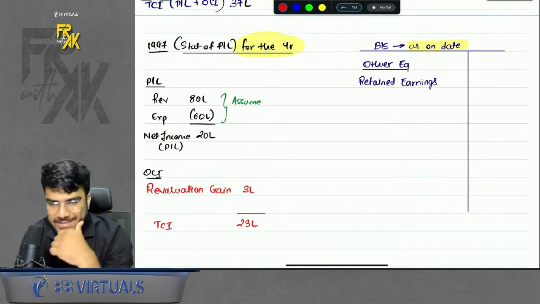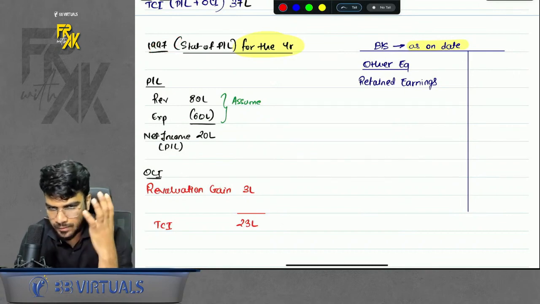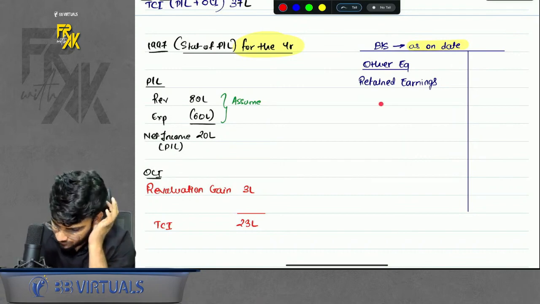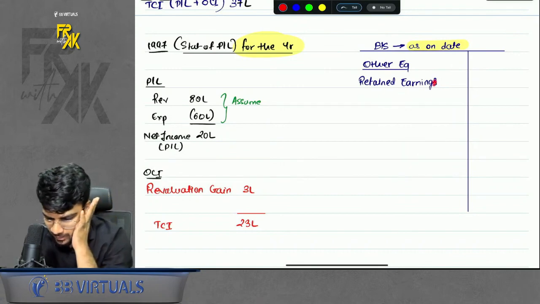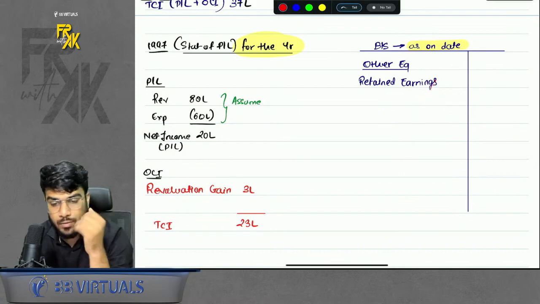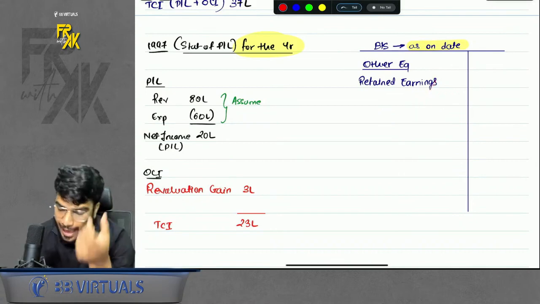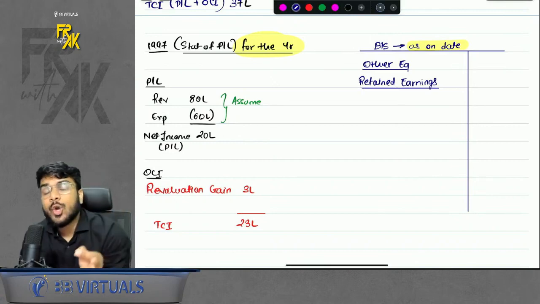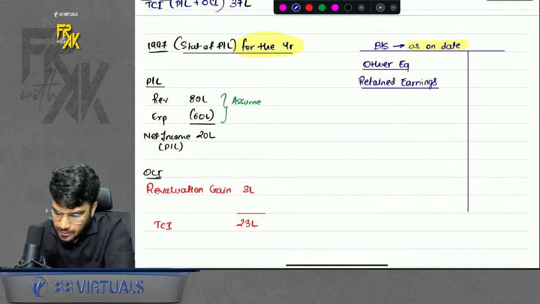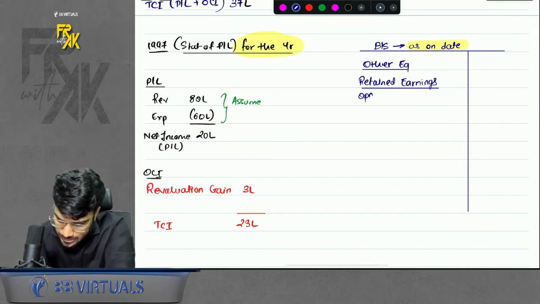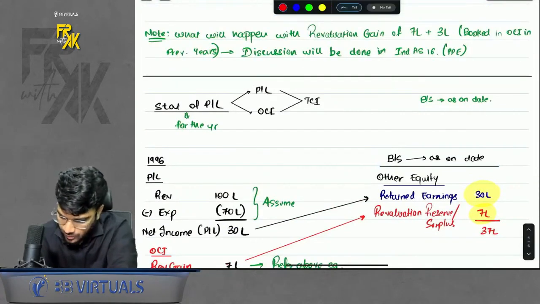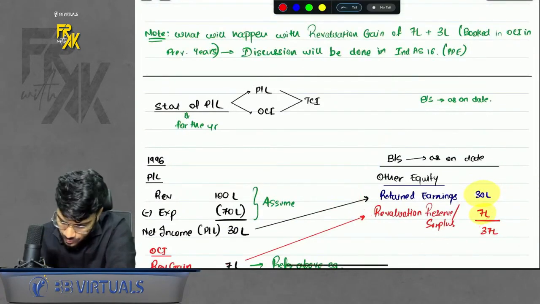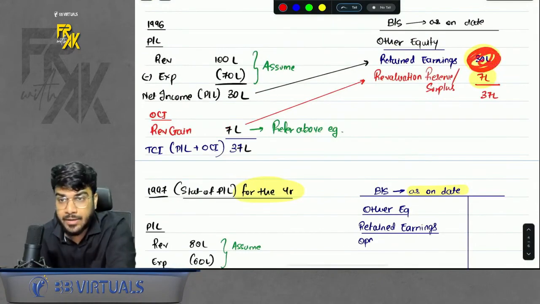Okay, so I'm getting two answers. One answer is 50 lakhs, and the other is 20 lakhs. So now, what is the meaning of as on date? As on date means in the balance sheet the figures will be cumulative. So you will check the opening balance. Let's assume the previous year was your first year of business, and you had a balance of 30 lakhs in retained earnings.